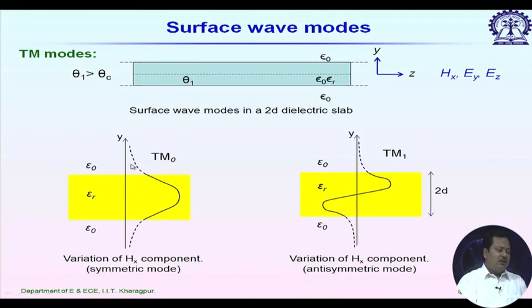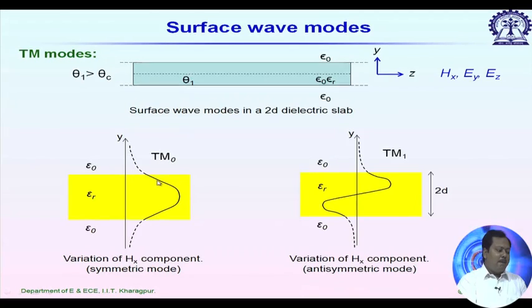Let us consider the first two modes. The first symmetric mode is called the TM0 mode. It does not have any cutoff frequency. This is very interesting. We are plotting the variation of Hx with respect to y.